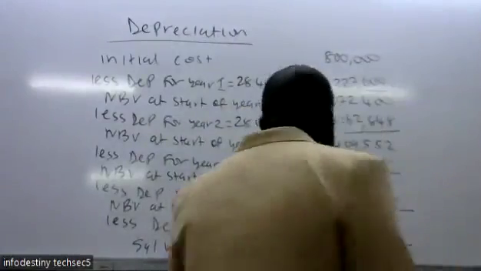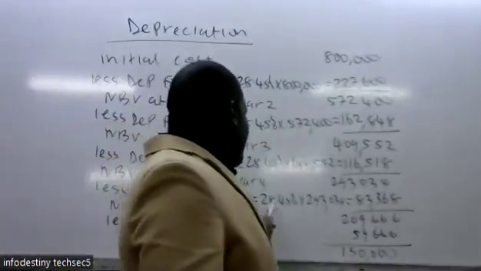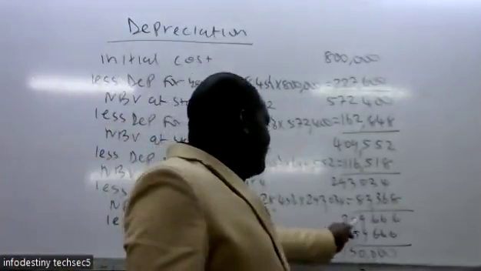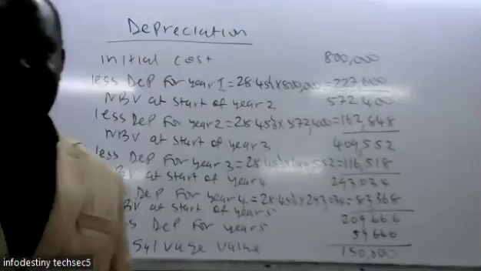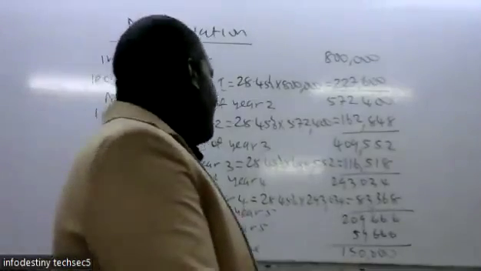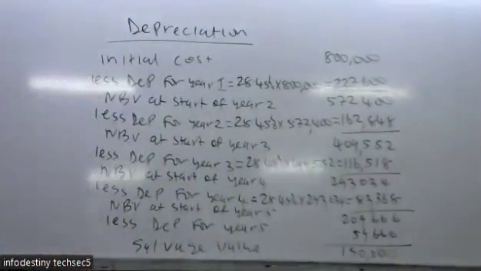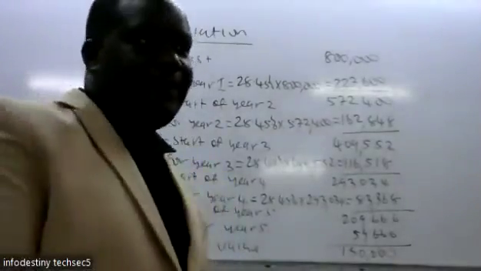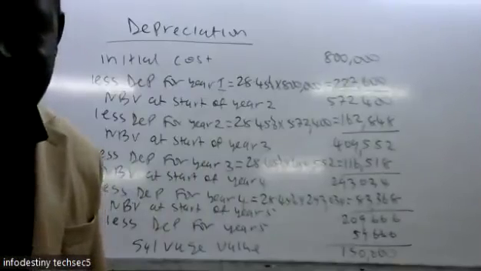Or you can calculate and confirm. The difference will be how much? Let's get 28.45% of 209,666 and see how much you get, so that we compare. It should be 59,666.